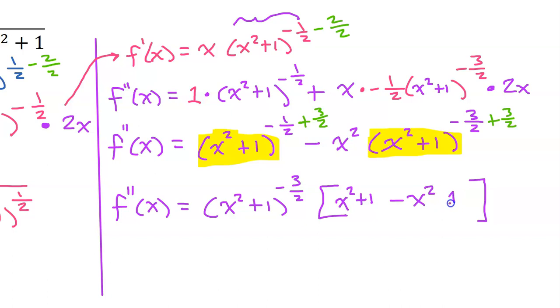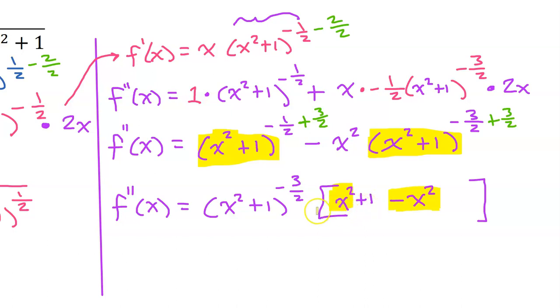So this is a 1 now, which we don't need to write. Either way is gone. So now we can just combine like terms, but actually it's pretty sweet because we have x squared and then we have negative x squared. So those are gone.